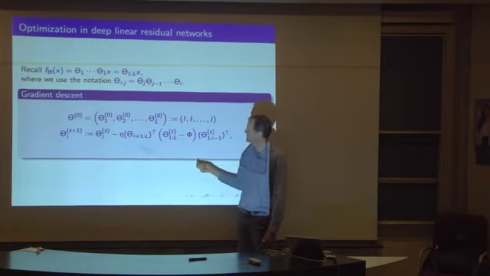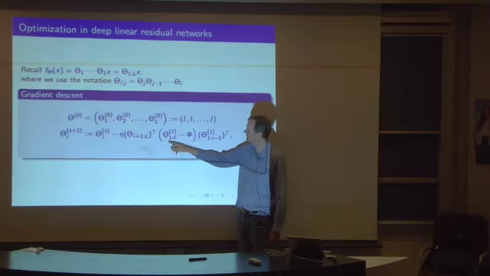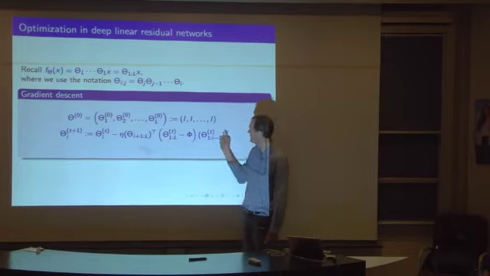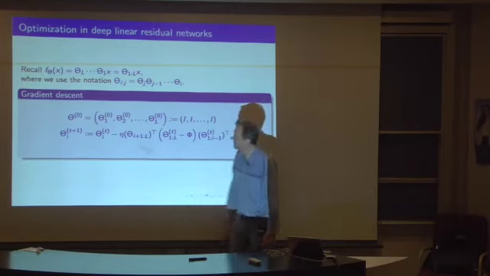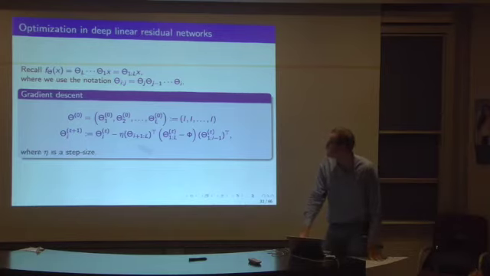It looks like this: this is the difference between our linear function and the truth, the least squares one. And then there are these linear transformations corresponding to the bit before Θ_i and the bit after. And eta here is the step size. So that's the gradient descent algorithm we're going to consider.